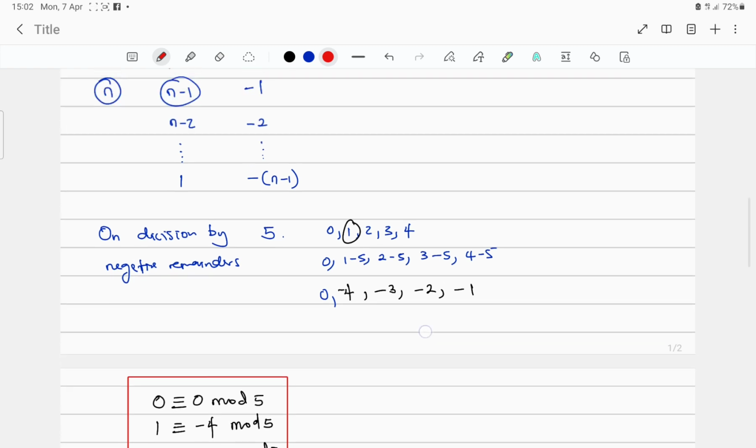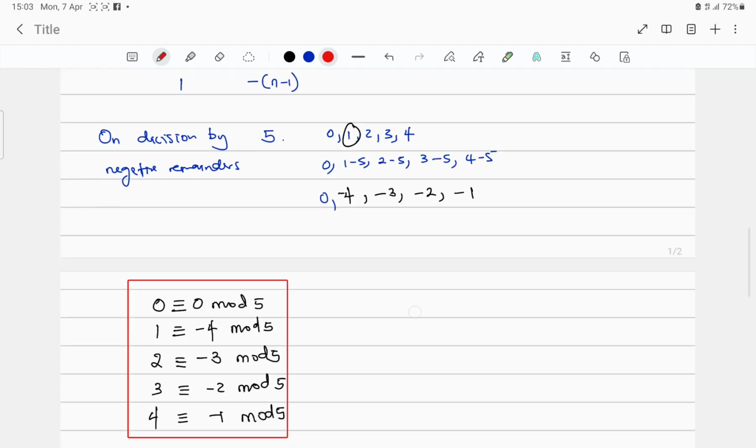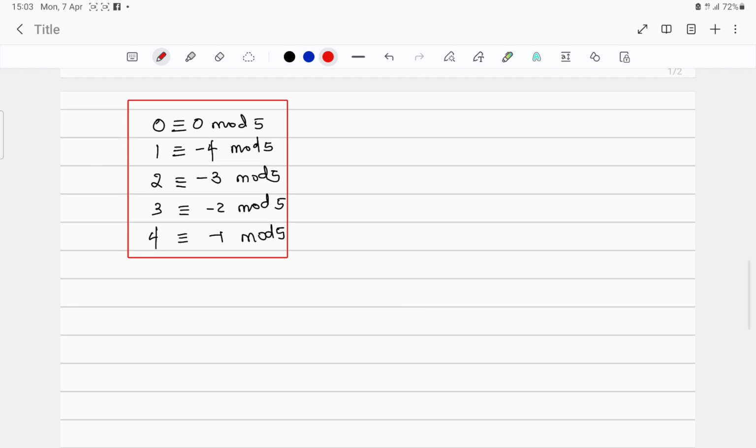So these are the corresponding remainders. We are going to consider the theorems on congruences.